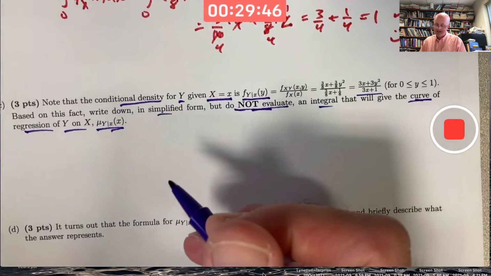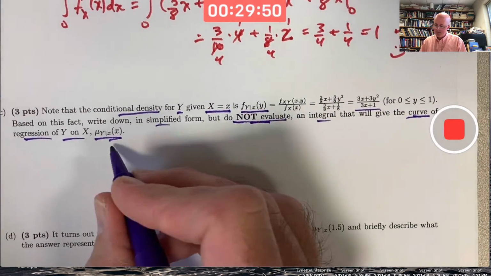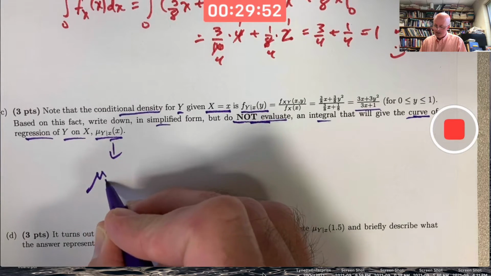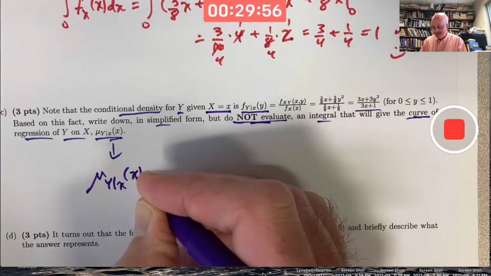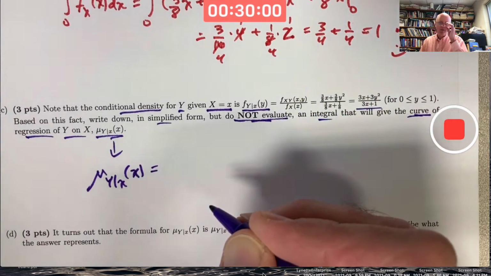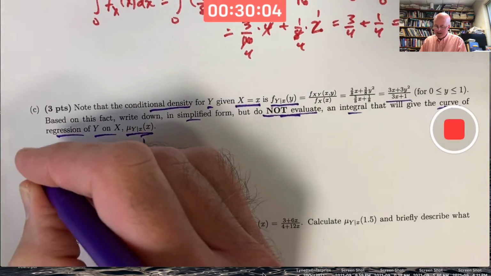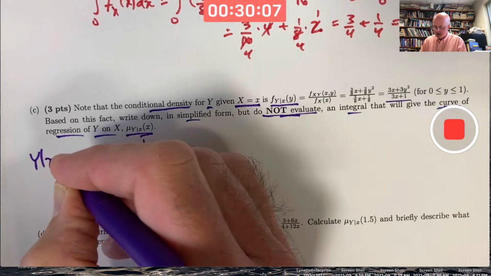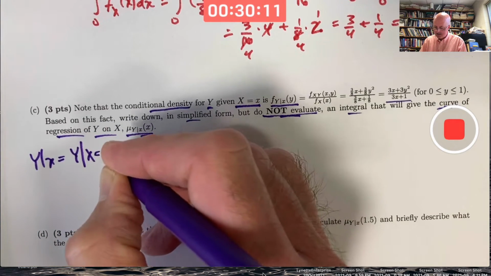And then in part D, we're going to try to interpret a value of this thing. What does this mean? No pun intended. What does this mean? It is a mean for this conditional random variable, y given x, which is just shorthand really for y given capital X equals little x.